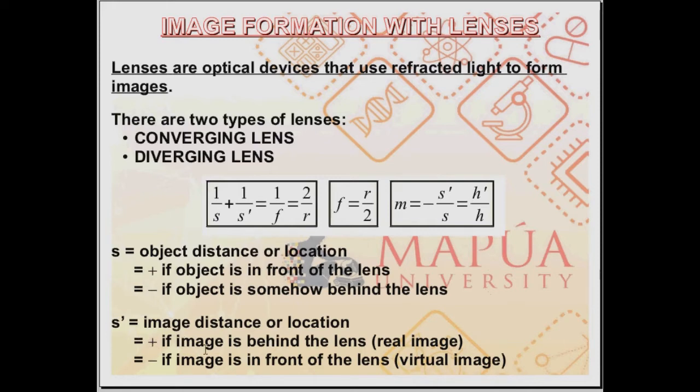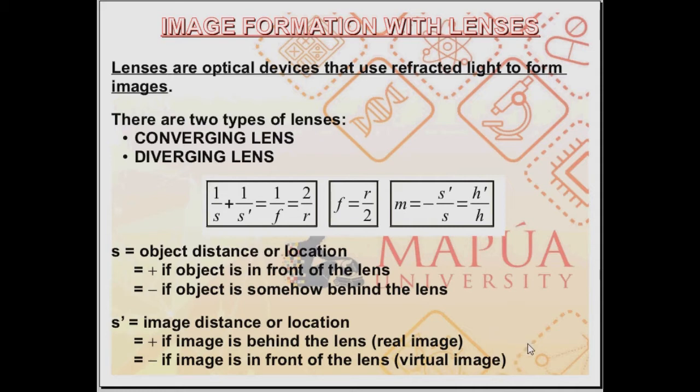So s' is positive if the image is found to be behind the lens; you have what is referred to as a real image. Negative if the image is in front of the lens and you have a virtual image.